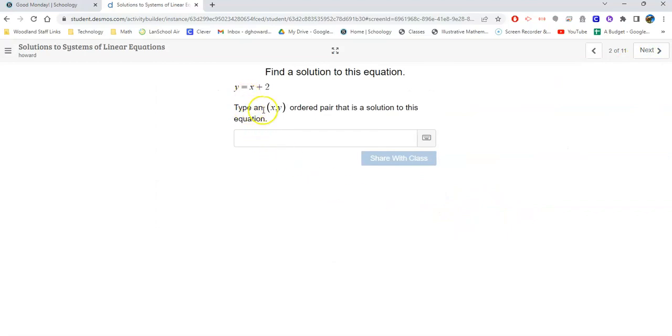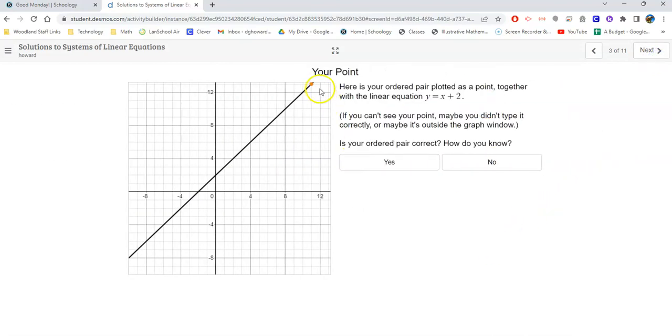Now look here: an ordered pair that is a solution to this. Something plus 2. For example, if I put in 11, plus 2 will spit out 13. There are all sorts of numbers you can pick, right? Now we look at this. Here's an ordered pair plotted as a point together with a linear line. If you can't see your point, maybe you didn't type it correctly, or maybe it's outside the graph.